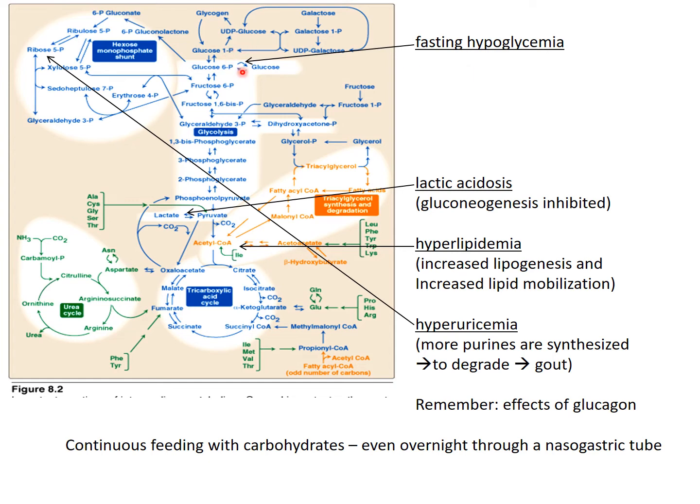So hypoglycemia, obvious, no glucose. Lactic acidosis, because the hormones are signaling for glycogen to release glucose phosphate. It goes to glycolytic pathway, and after the glycolytic pathway, it goes to lactate.